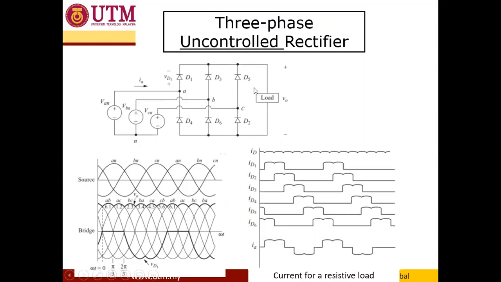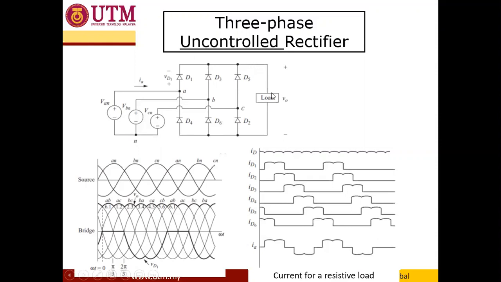All the upper group of the diodes is numbered with odd numbers, while the lower group of the diodes is numbered with even numbers. So D1, D3, D5, D4, D6, and D2, connected with a load.